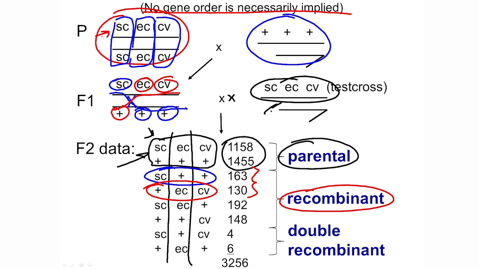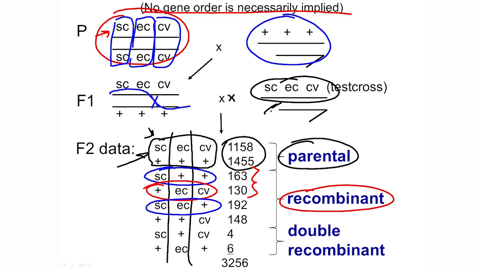Okay. Same idea. I'm going to erase it. Ask yourself what's going to happen if a crossover event occurs between EC and CV. We're going to get one chromosome that looks skewed, echinus, and plus. Do we see that down here? Yes, we do.